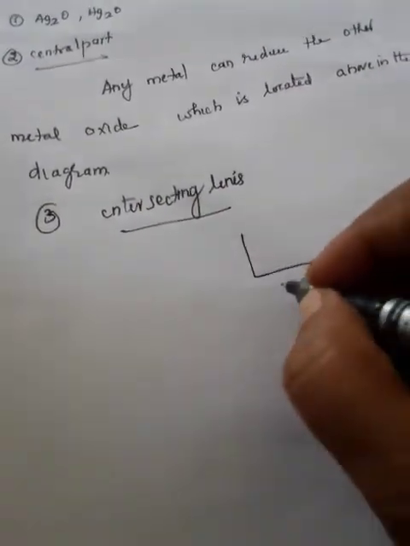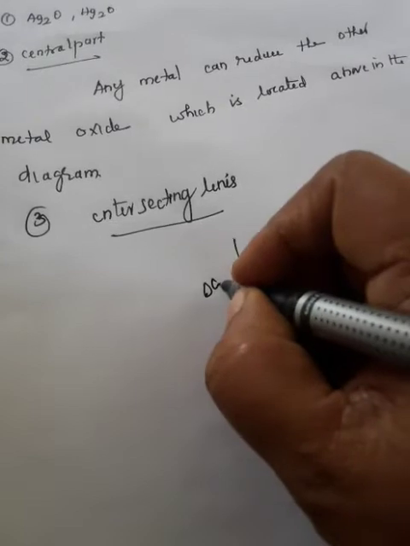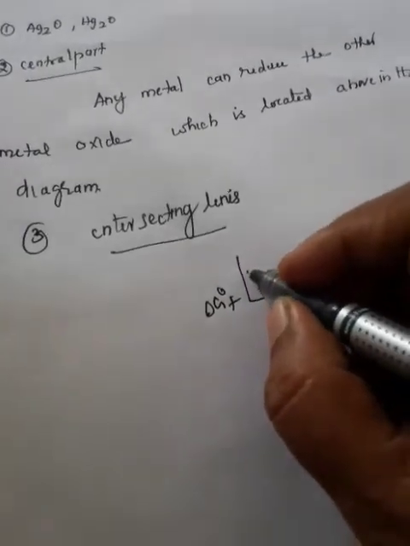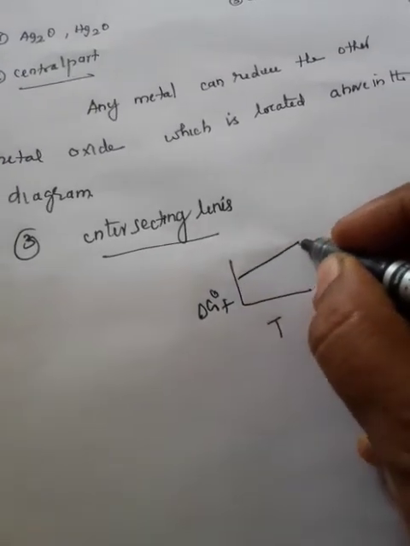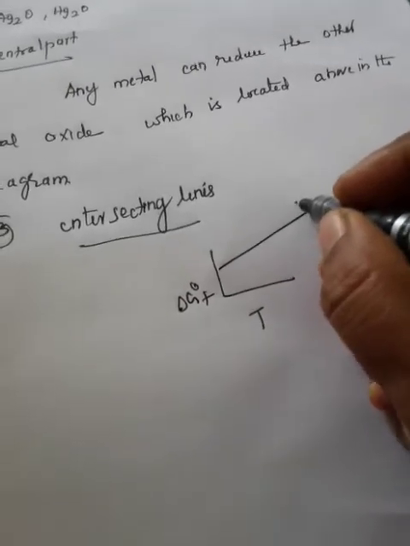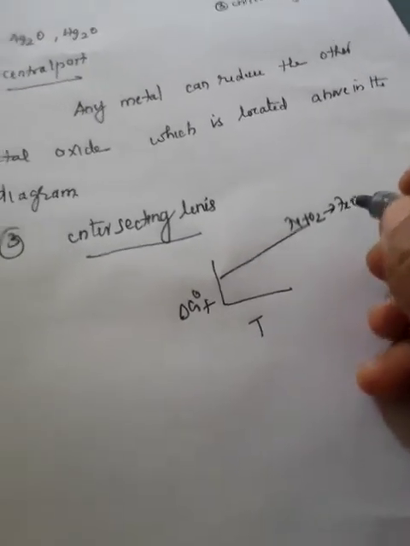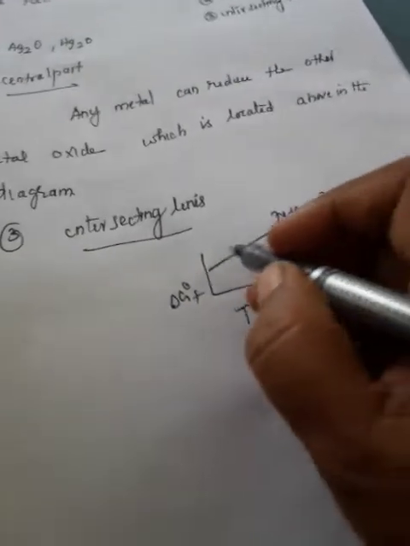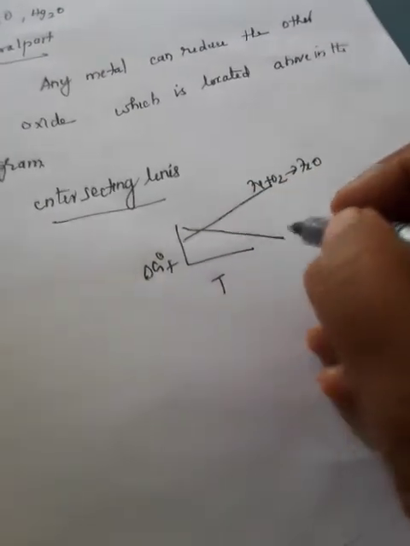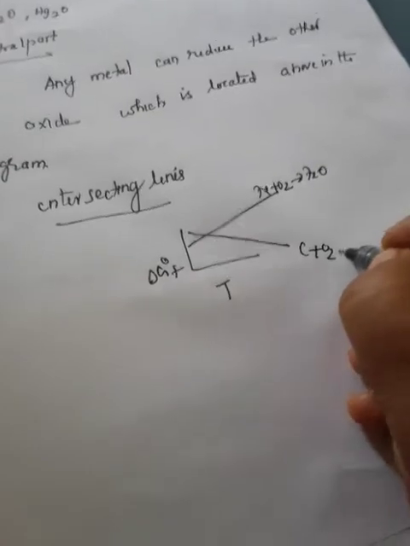Ellingham diagram. Temperature, delta G0, F value. See, this one is Fe plus O2, Fe plus O2 giving FeO. And this line C plus O2 giving CO.